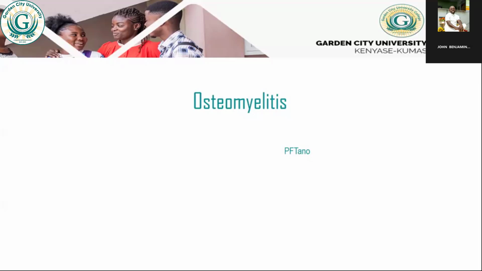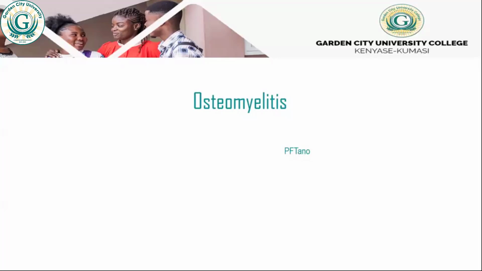So, osteomyelitis. I'm sure that all of us here have met it before. We've nursed osteomyelitis before. What is it? We know that it is an infection, itis.